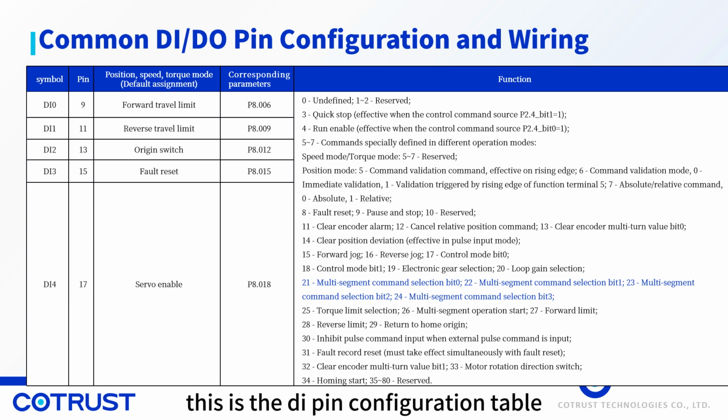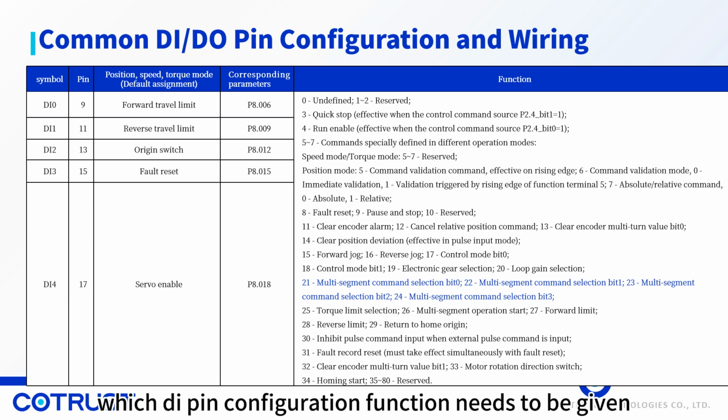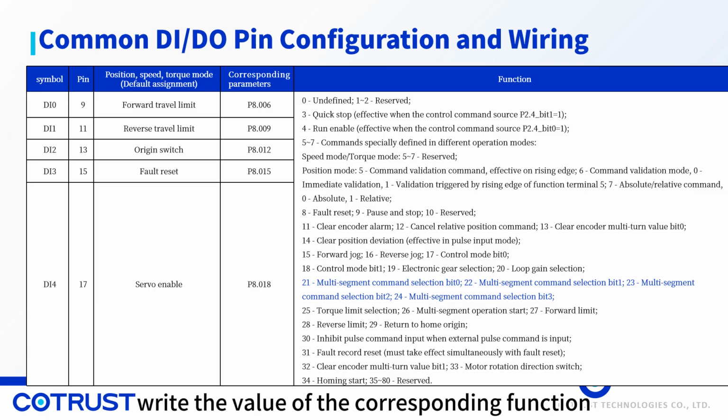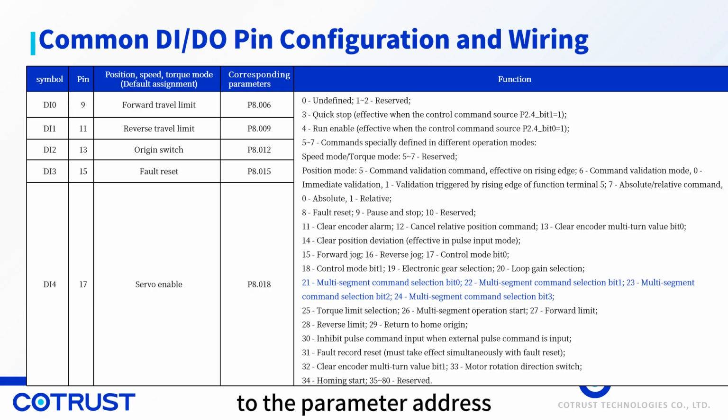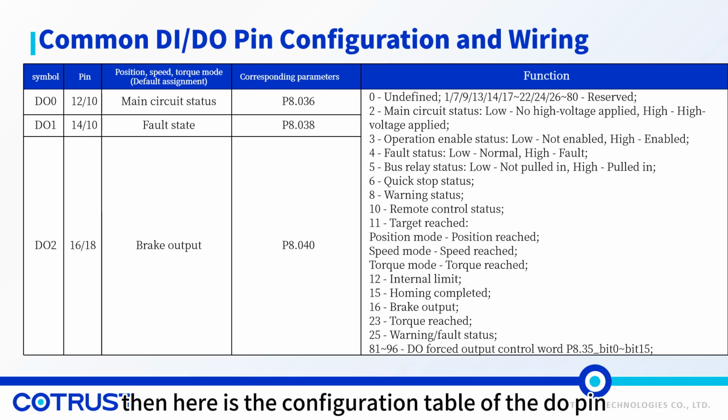This is the DI pin configuration table. Whichever DI pin function you need, write the value of the corresponding function to the parameter address corresponding to the DI. Then here is the configuration table of the DO pin.